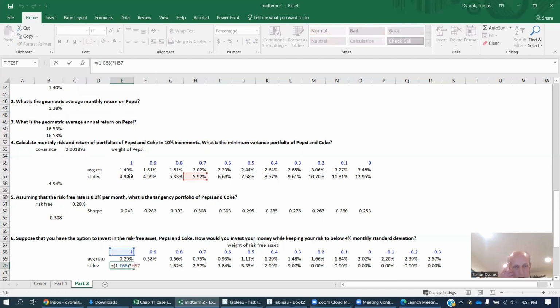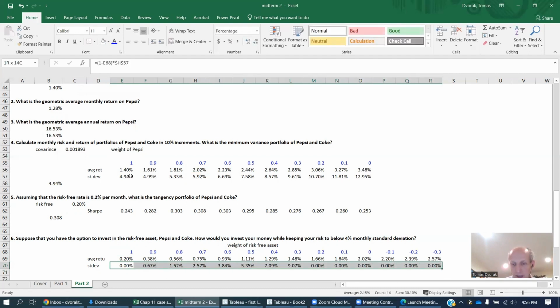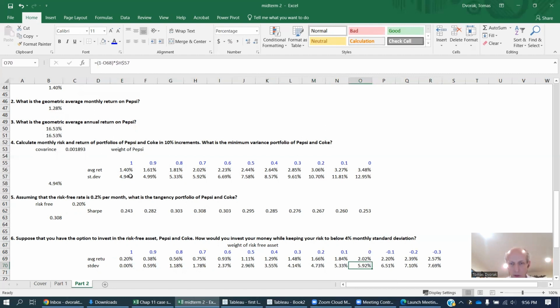I forgot to lock the standard deviation of the tangency portfolio. So I'll do that with F4, hit enter, and copy that to the right. And what do I get if I'm 100% in the tangency portfolio? I get the same risk. If I go short risk-free asset, the risk increases.